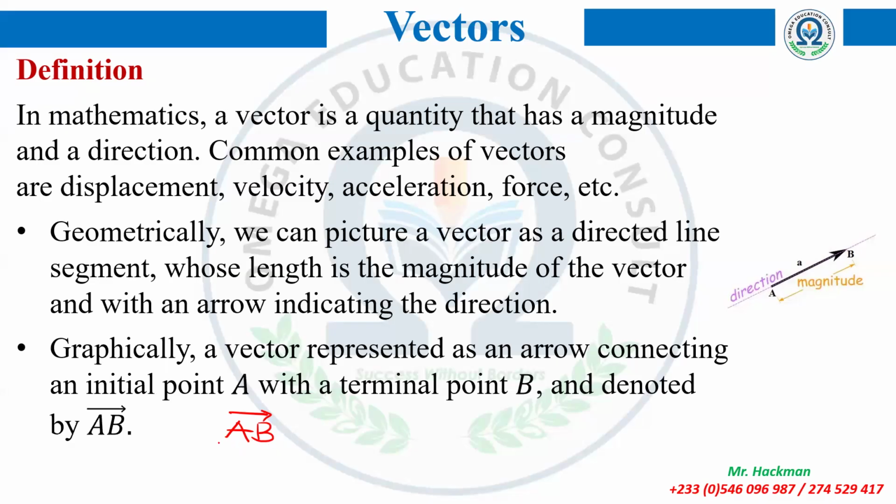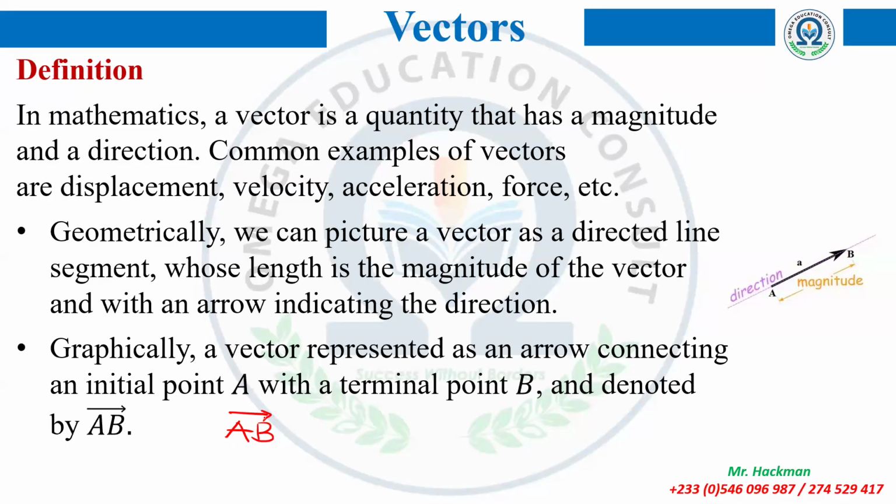So if you are using points to indicate vectors, this is how you do. You indicate your 2 points, and the first point, which is what we call the initial point, comes first, followed by your terminal point. So as you can see, this is starting from the point A and ending at the point B. You write your AB, then you indicate your arrow on top.